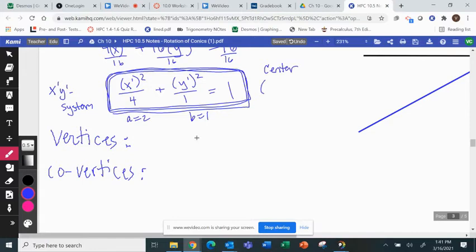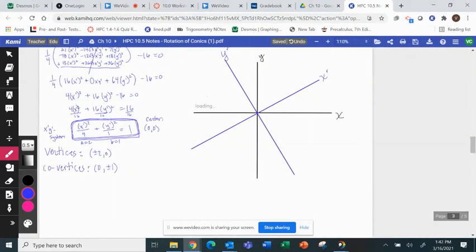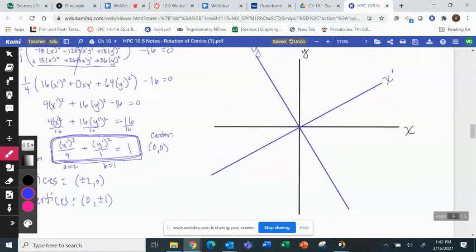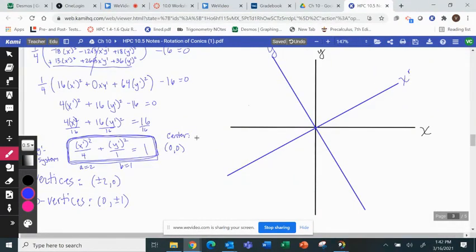Center? 0, 0. And then the vertices will be plus minus 2 from 0, 0. And then the co-vertices, those would be 0 plus minus 1. And that's in the X prime, Y prime system. So I'm going to approximately draw that.